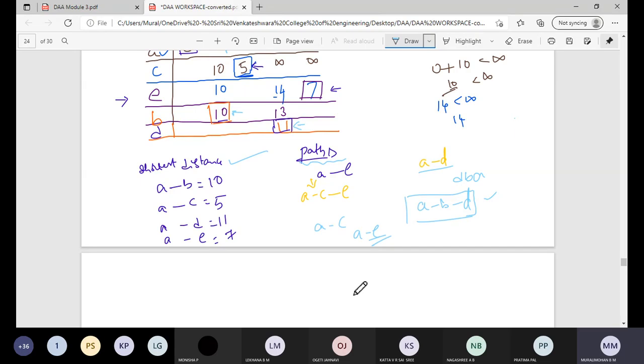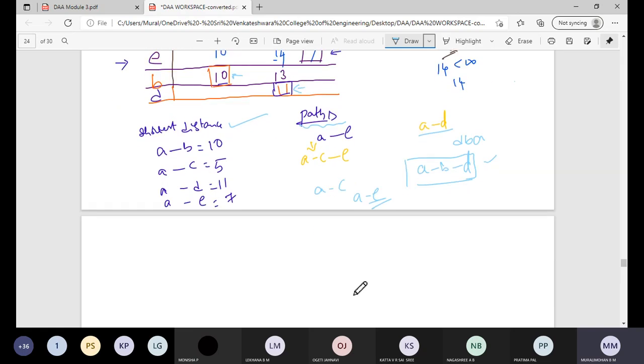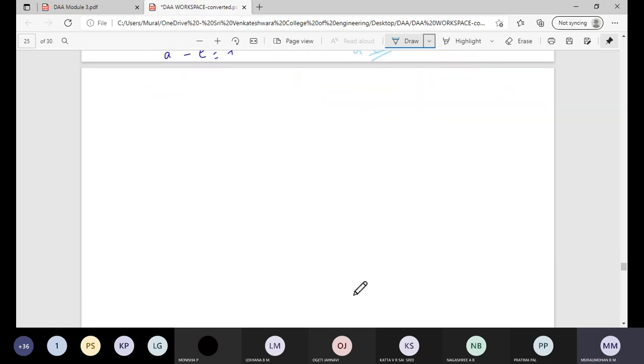Next, I will discuss what disadvantages we have with respect to this Dijkstra's algorithm. For example, let us consider we are having negative values. So this is 1.